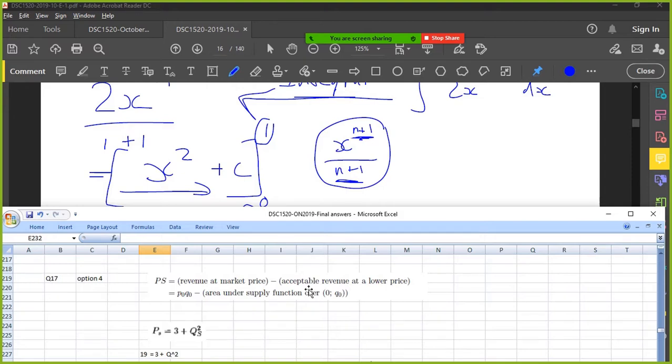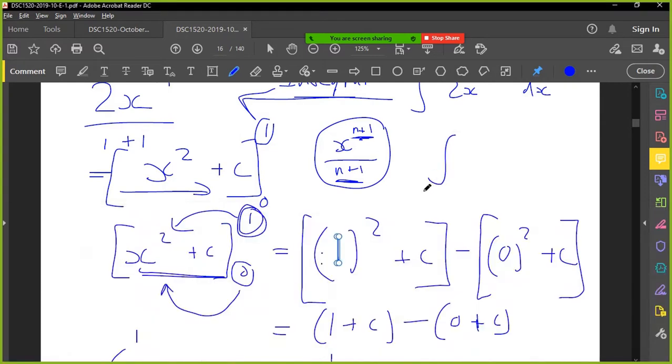Yes, okay. So they're just telling you, so if I had to write this in maths, I would write this. 0 to Q for the supply. Okay. Does that make sense? Yes. Okay, you sure? Yeah. Okay.